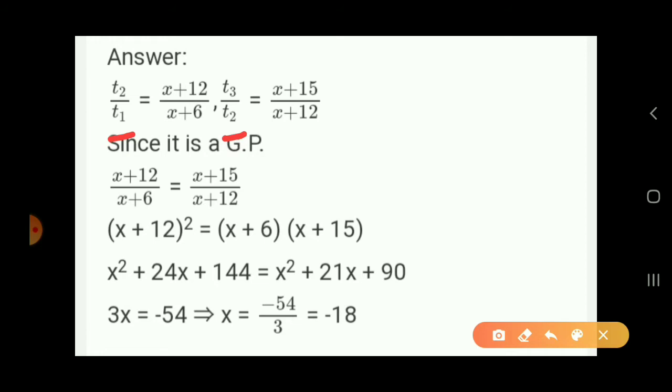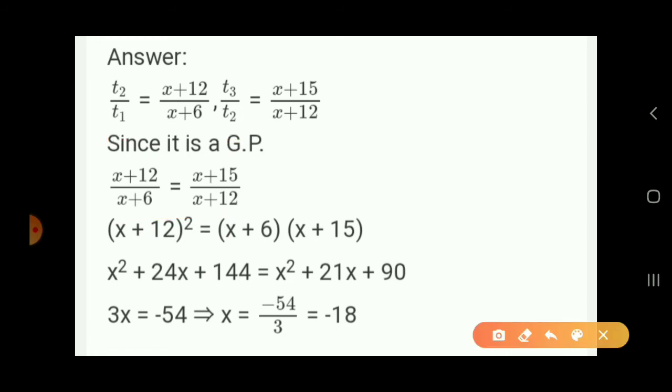Since it is a GP, the ratios are equal. So x plus 12 by x plus 6 equals x plus 15 by x plus 12.